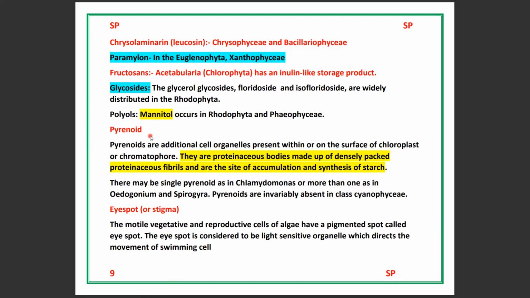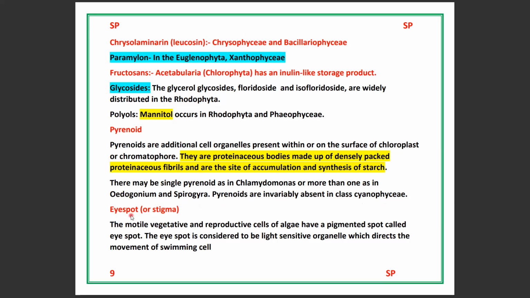So pyrenoids are commonly seen in the Chlorophyceae algal members. They are starch containing proteinaceous bodies. A single pyrenoid is seen in Chlamydomonas and more than one pyrenoid is seen in Spirogyra. However, in Cyanophyceae, the pyrenoids are completely absent.